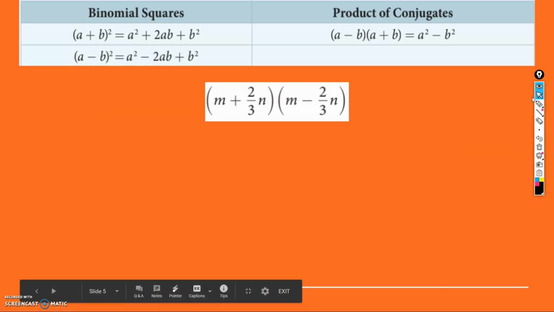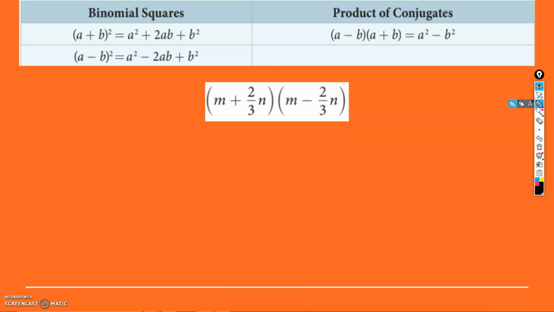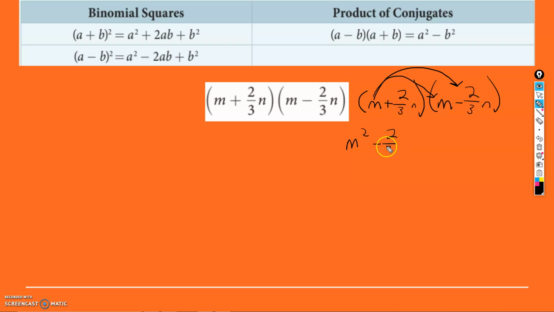Alright, let's look at another one, and let's throw some fractions in here. m plus 2/3 n times m minus 2/3 n. Let's do it as if we did not know there was a formula way to do it. m times m is m squared, m times negative 2/3 n is negative 2/3 nm.